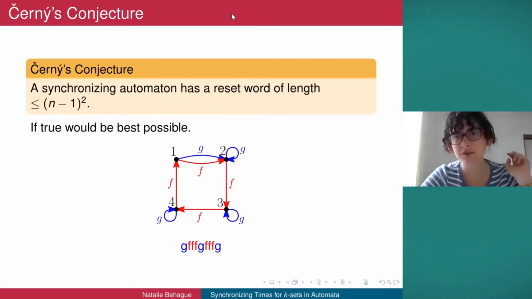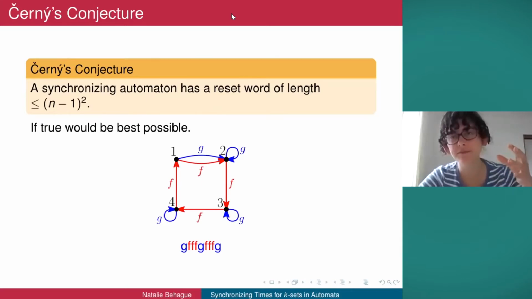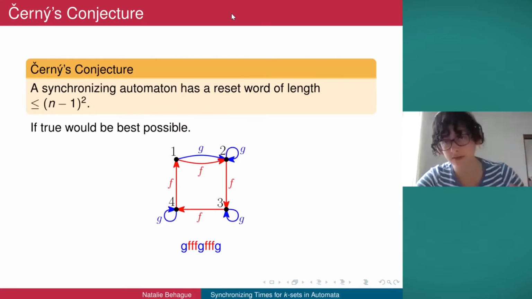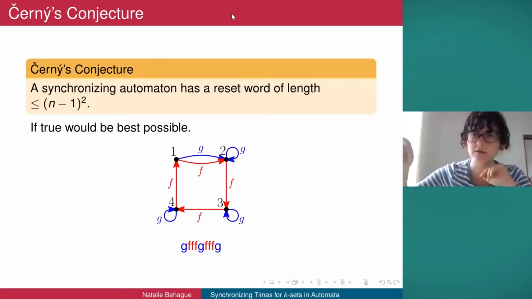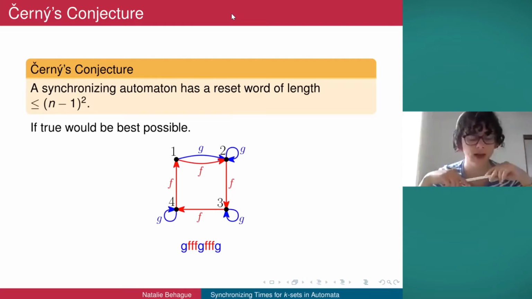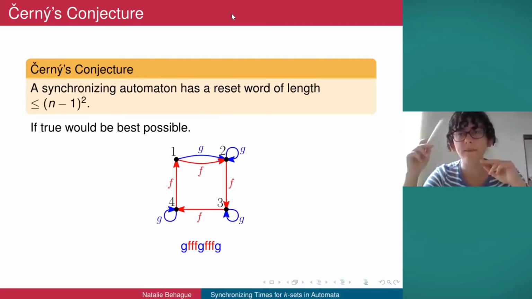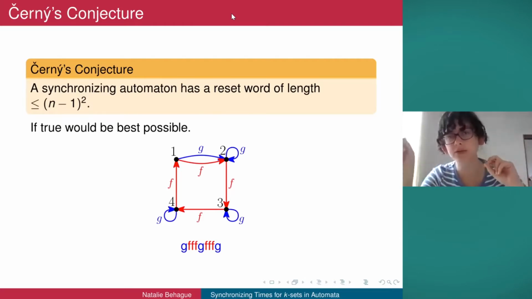So in general, we have an n-state automaton. So this is the example for 4, but you have 2 transition functions, one which is a cycle, takes each state to the next state, and one which takes every state to itself except takes 1 to 2.